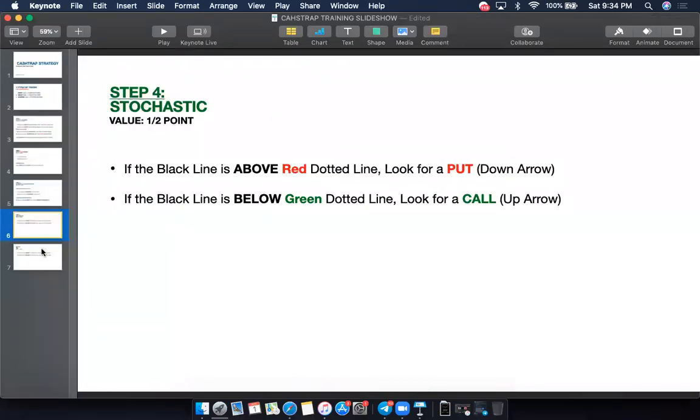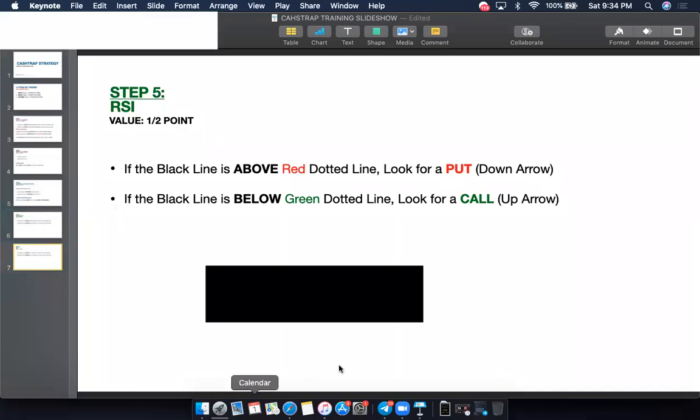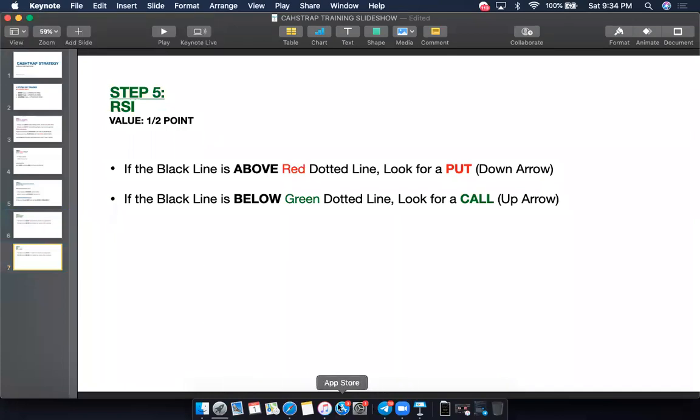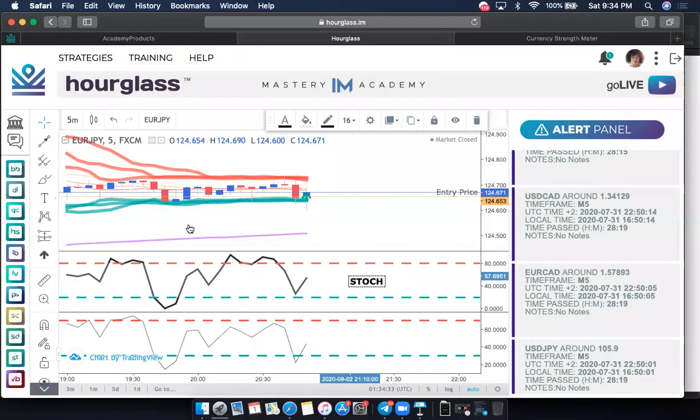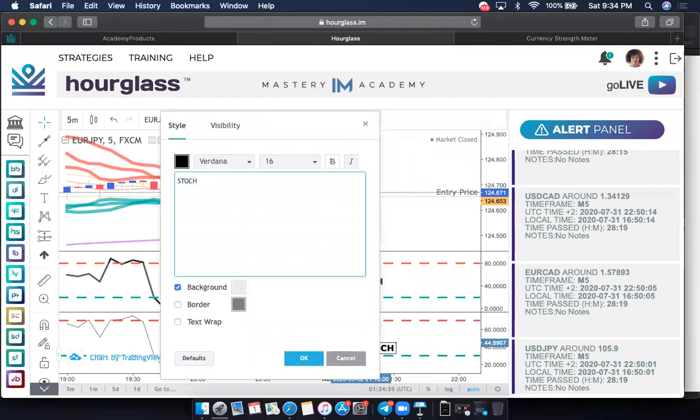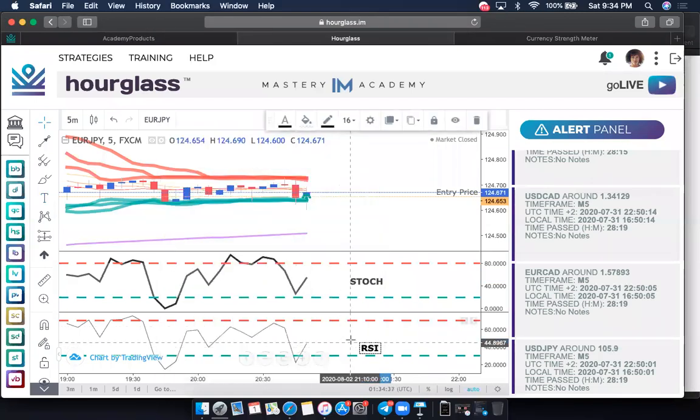Step 5 is the same exact thing for the RSI, the relative strength index. This section right here is the RSI. Same thing. For an up arrow, I'm looking for the black line to be below the green dotted line. It went below the green dotted line, so I got a 0.5 point right there.